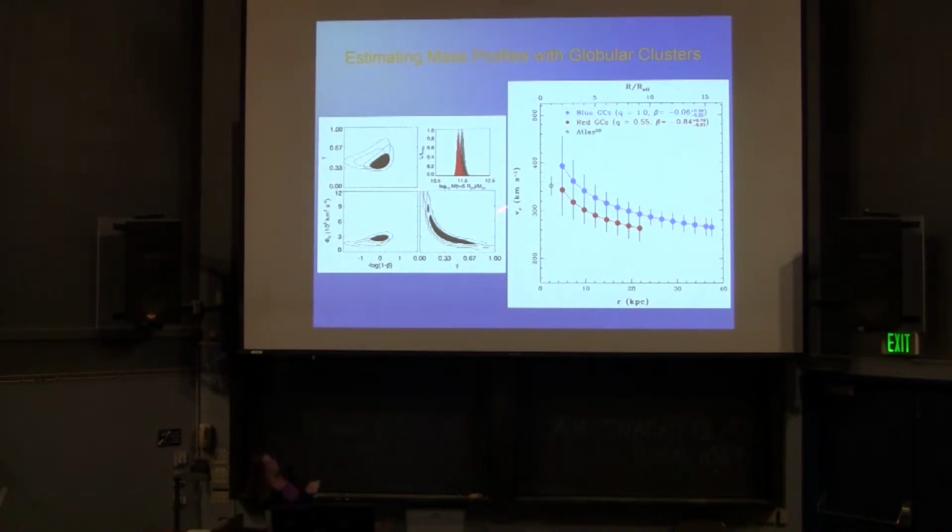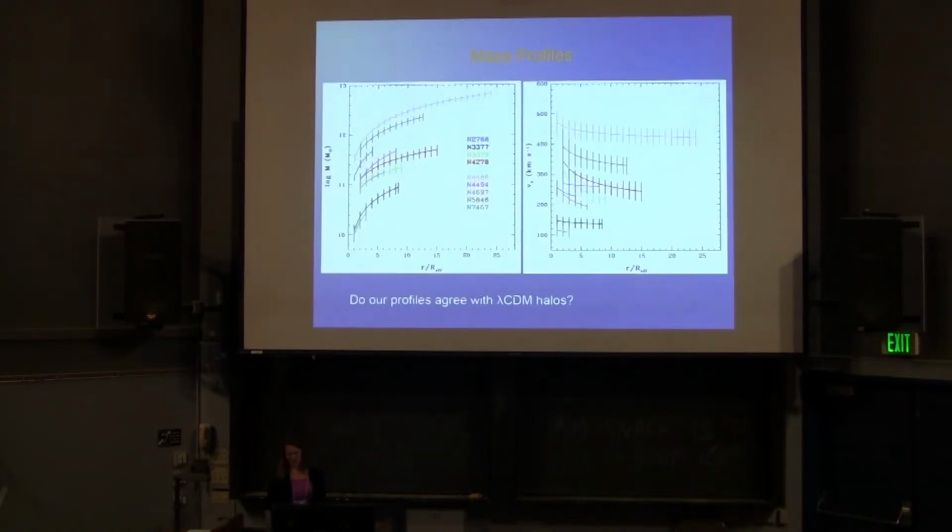This inner point here that you see represented by a star is the ATLAS 3D stellar results, where they have the IFU data that I mentioned earlier for the stars at 1 effective radii, which match quite well if you extrapolate our data inward. But again, we don't cover this region. Our globular clusters, as I showed earlier, do not follow a power law distribution in that region, so we exclude it.